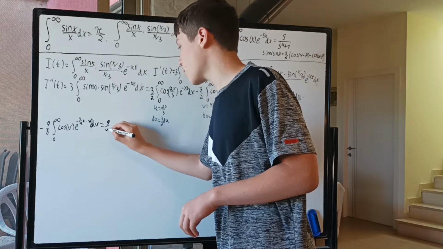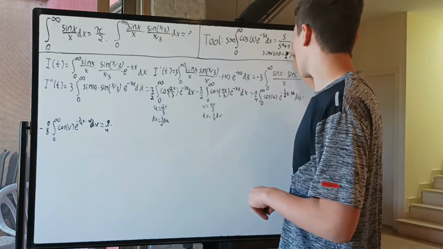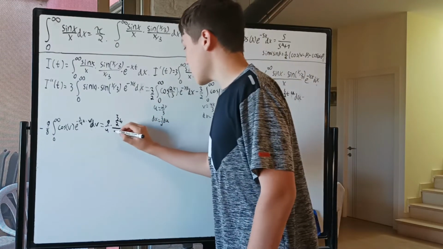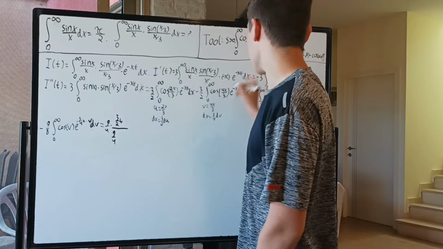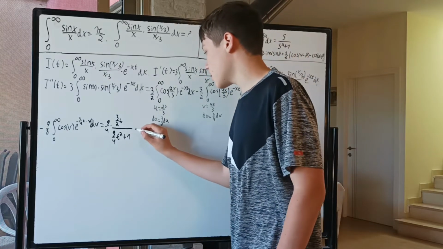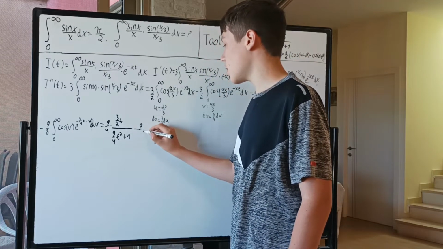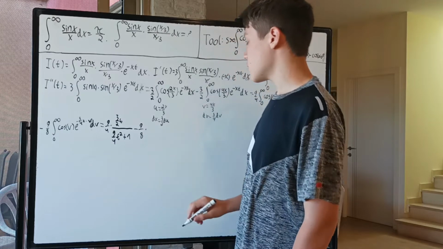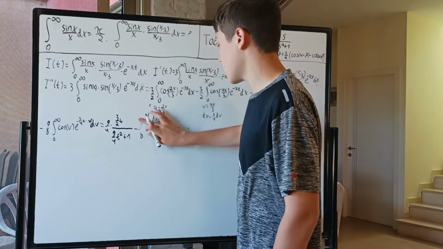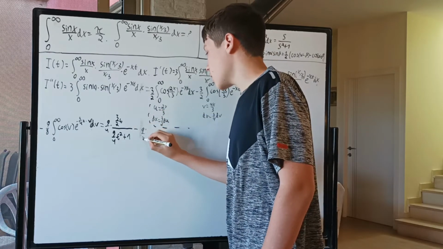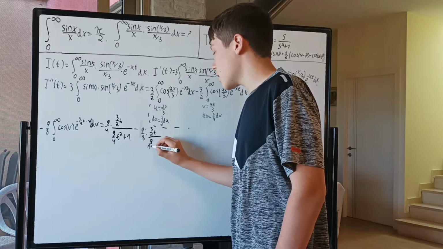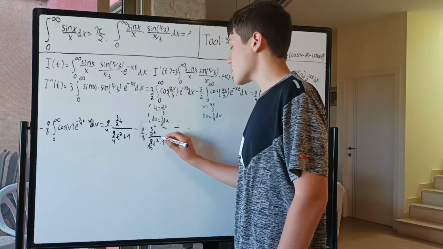We'll have 9 over 4 times 3 over 2t divided by 9 over 4t squared plus 1, minus 9 over 8 times 3 over 4t divided by 9 over 16t squared minus 1.